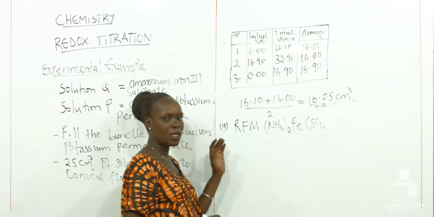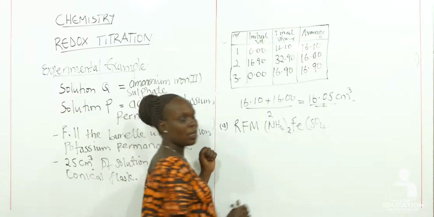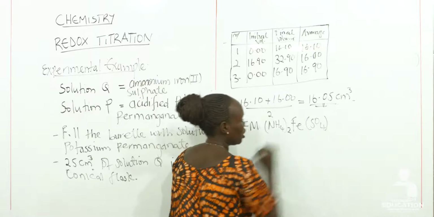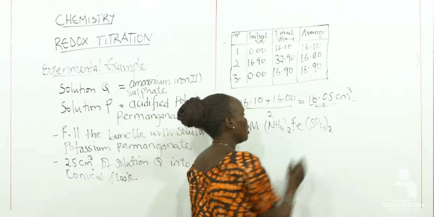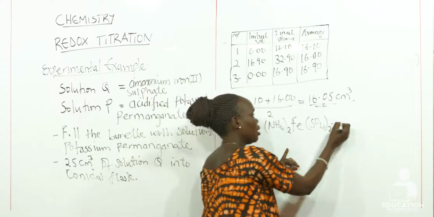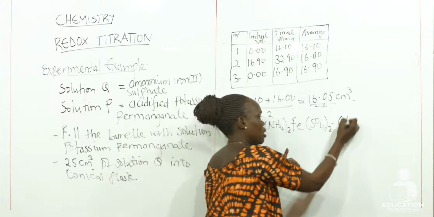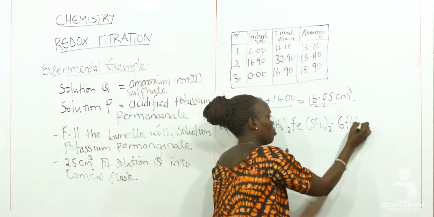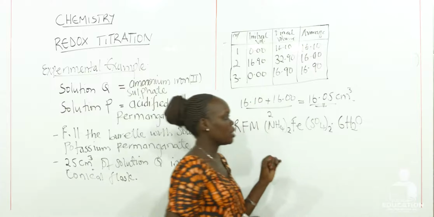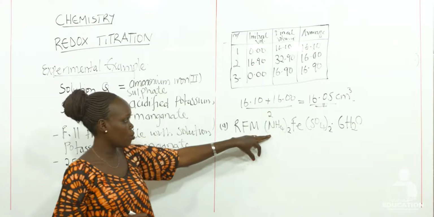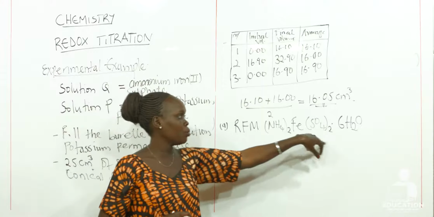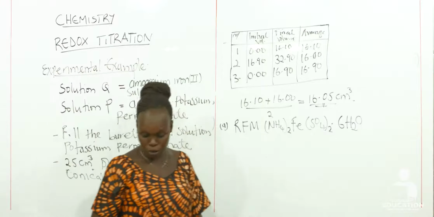You need to remember that this type of solution is the hydrated one, or the reagent is a hydrated ammonium iron 2 sulfate. So we shall have 6 molecules or moles of water in this type of the solution. So we shall have ammonium iron sulfate 2 and then 6 molecules of water.